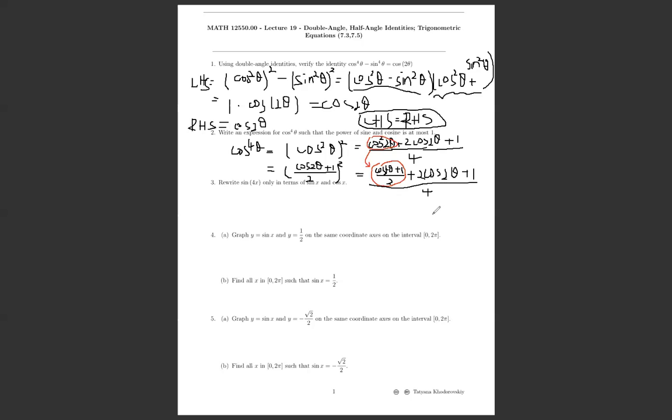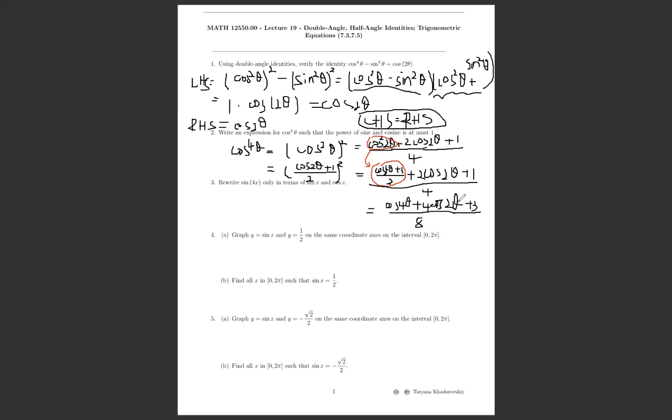Of course, you can do another simplification of getting rid of the fraction 2 here by multiplying 2 on both sides of the fraction. Cosine of 4 theta plus 1 plus 2, you have plus 3, plus 4 cosine of 2 theta.